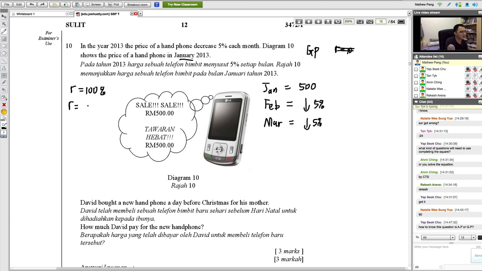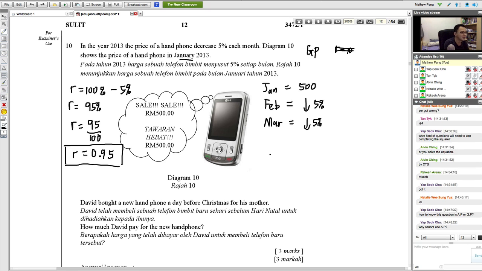So my r will be left with 95%. Of course, I will use 95 over 100 because I prefer decimal. This is 0.95. This is how we find the r for decrease 5%. When decreasing 5%, you just minus 5%. If the question says increase 3%, you just do 100% plus 3%, which is 103%. So decrease is minus, increase is plus.